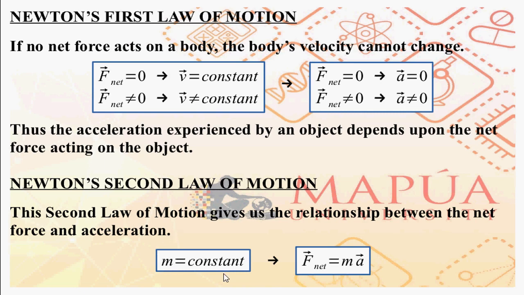For constant mass, so let m be constant, the net force acting on the object is just equal to mass of the object times acceleration of the object. F net is equal to ma.